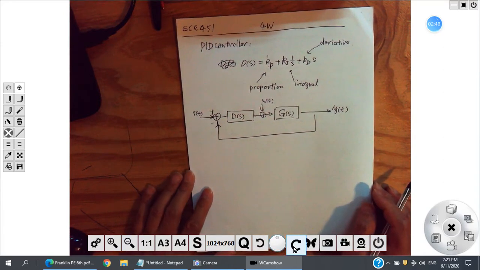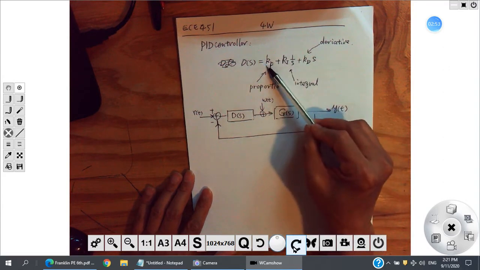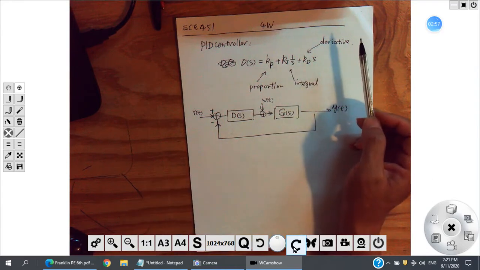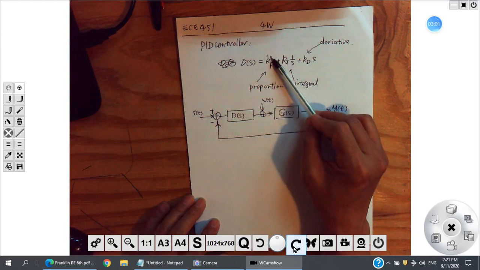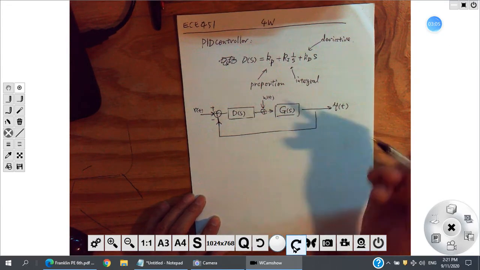For the PID controller, we have 3 parameters we can choose. So this is better than just using a constant. Actually we have 3 kinds of them.